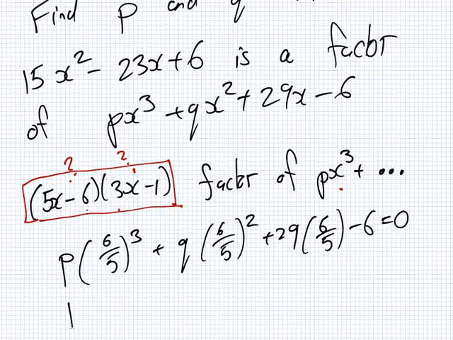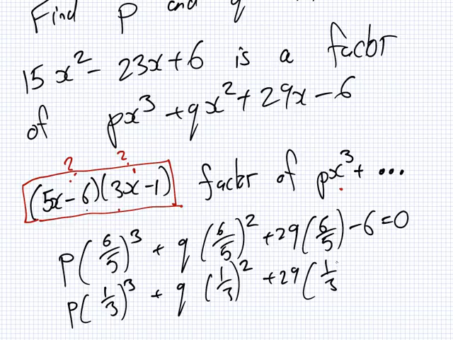And then here P times (1/3) cubed plus Q times (1/3) squared plus 29 times 1/3 minus 6 equals 0. I think everybody wrote that down, did they?